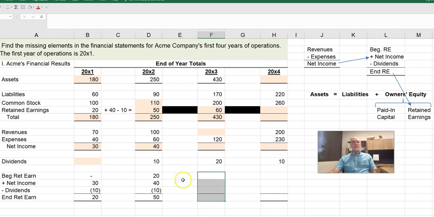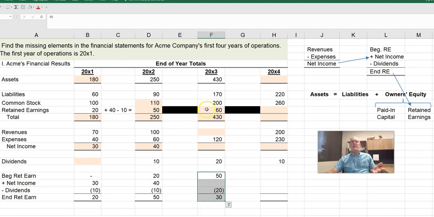The ending retained earnings at the end of year 2 was 50. So that's what we started year 3 with. We had net income, which we don't know. And then we're subtracting dividends of 20. That's given to us right here. So 50 plus something minus 20 would give us our ending retained earnings. So we're missing a number right now.